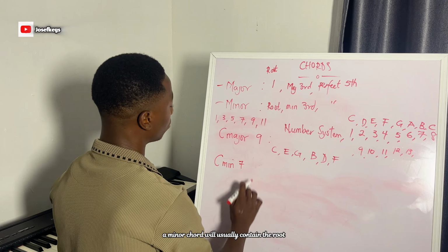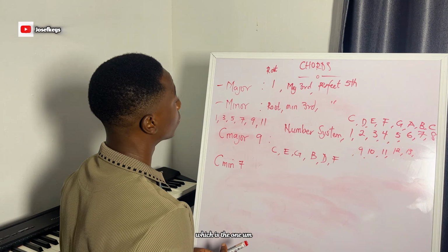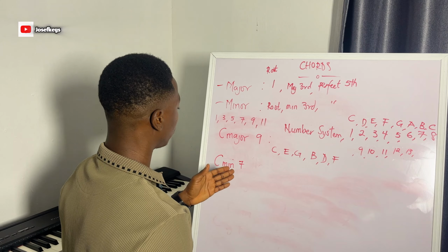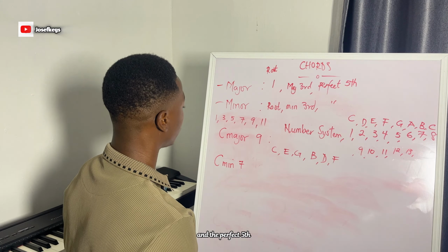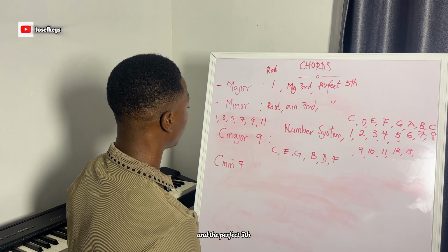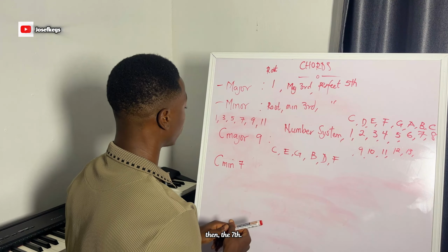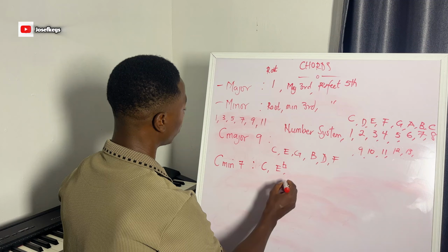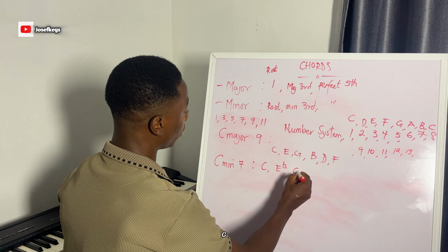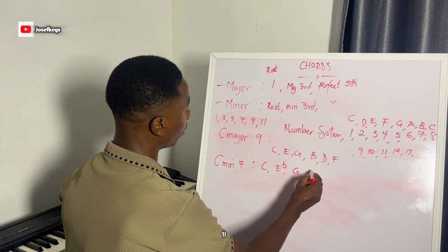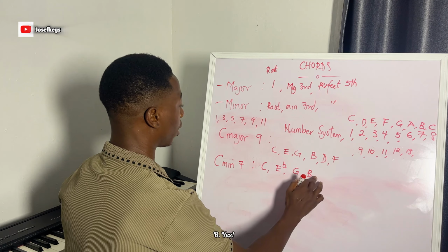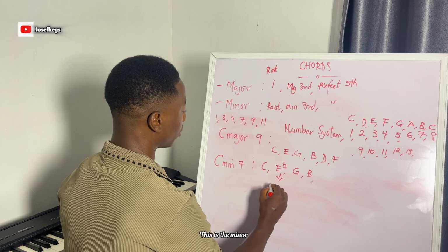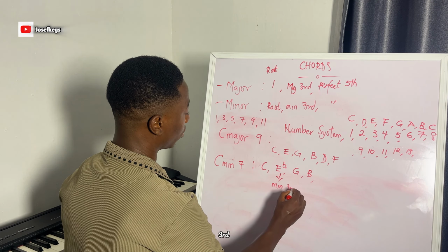Of course, a minor chord will usually contain the root, the minor third, and the perfect fifth, then the seventh. So in this case, it will be C, E flat, G, B flat. Yes, this is the minor third.